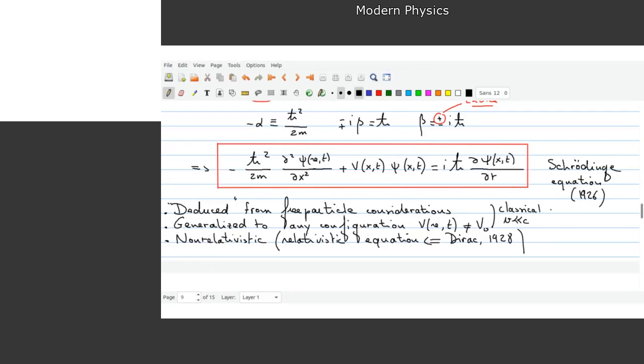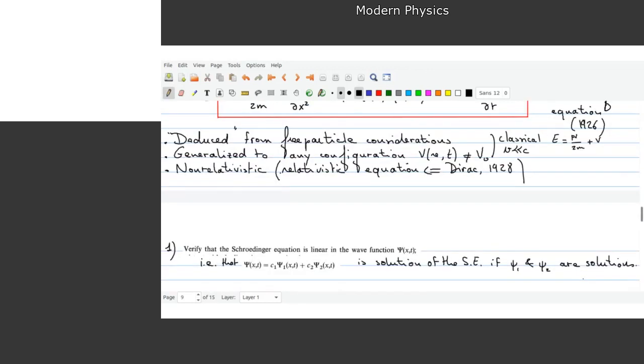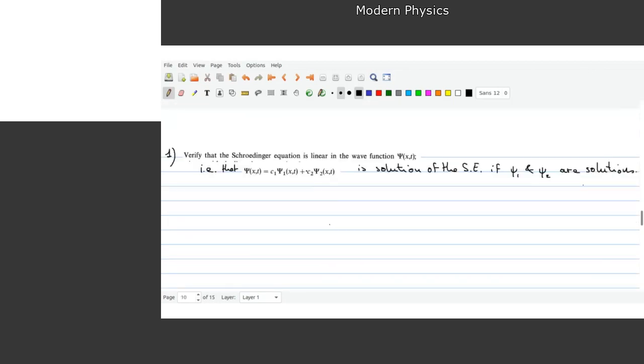Classically, the expression of the energy is p squared over 2m plus V. And so the relativistic equation is different. So we have our Schrödinger equation. We write it, this is Schrödinger.